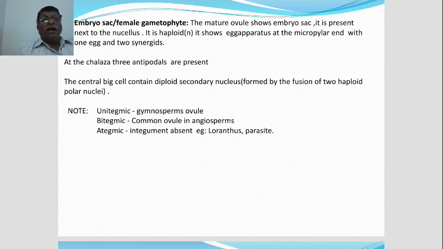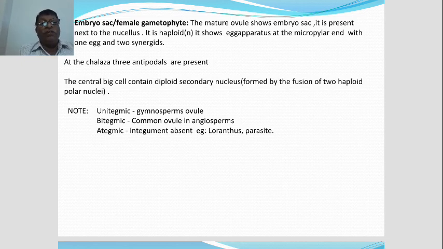At the chalaza, 3 antipodals are present. At the center, central big cell contains diploid secondary or definitive nucleus, which is formed by the fusion of two haploid polar nuclei. Okay, that's all the structure.